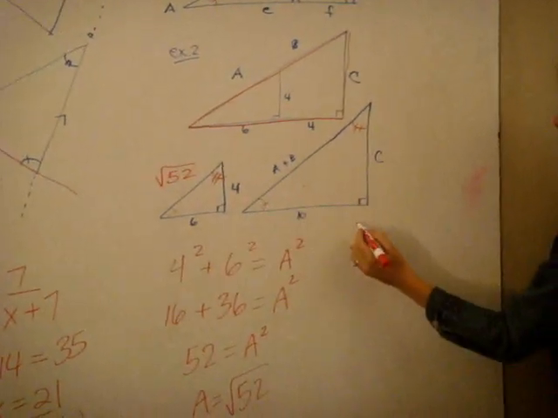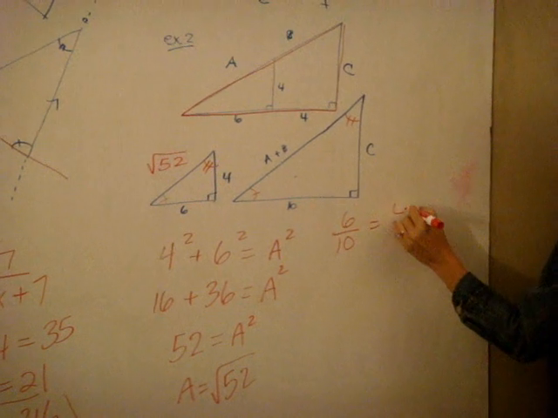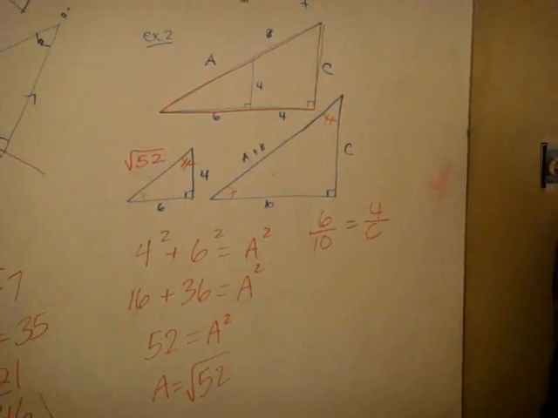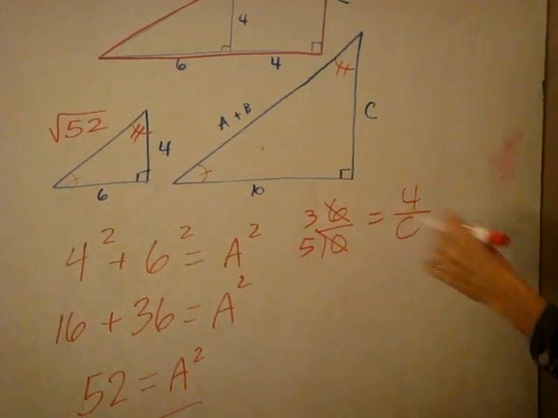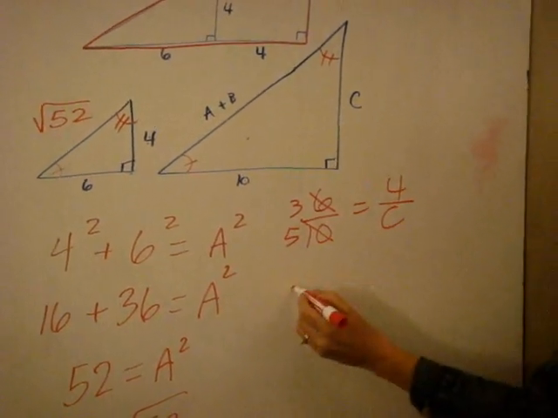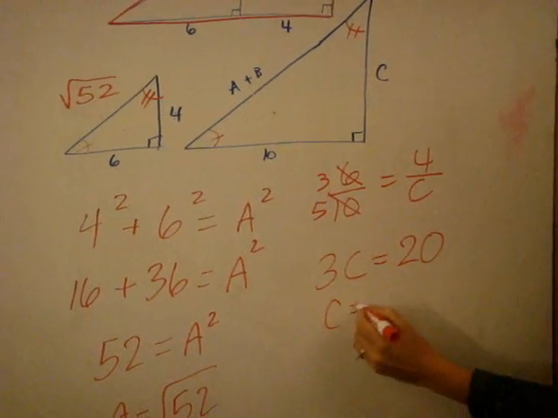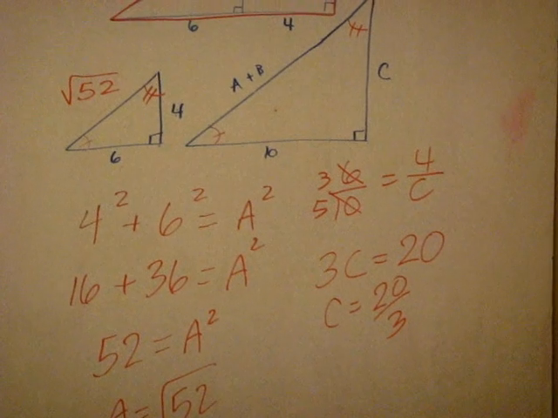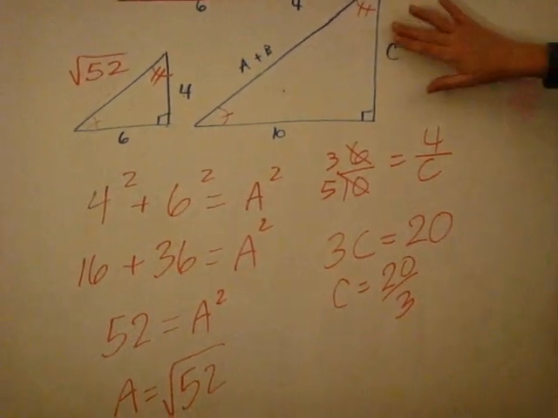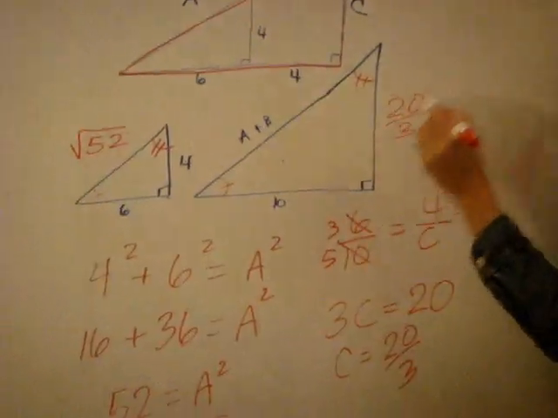We can say 6 over 10 equals 4 over c. Again, you can reduce to get it started, so it's 3 over 5, and then cross multiply. So we get 3c equals 20, and c equals 20 over 3. So we have c, I'm going to fill that in. 20 over 3.